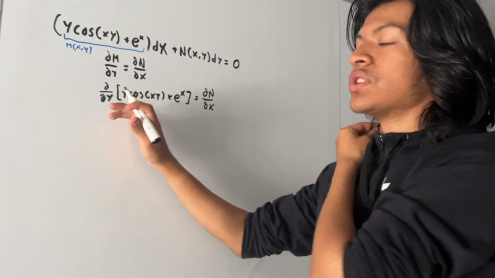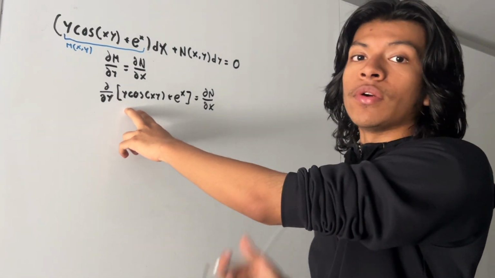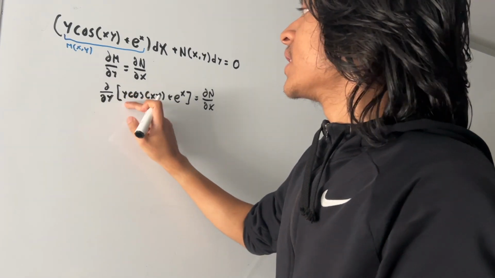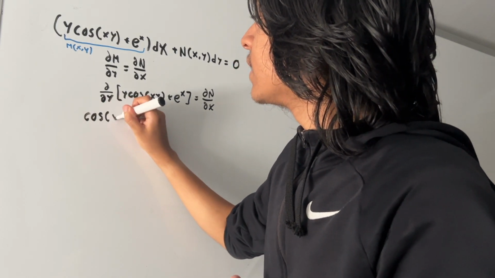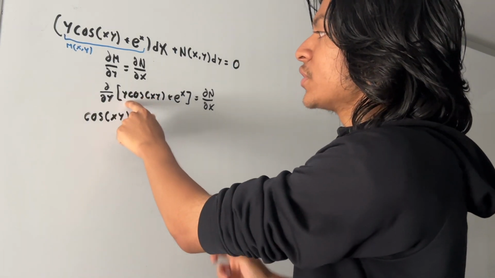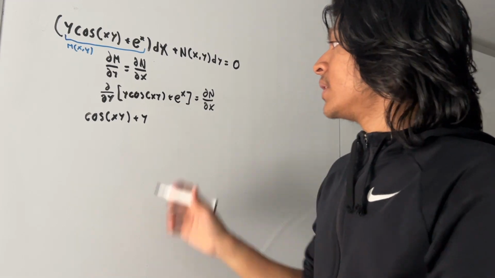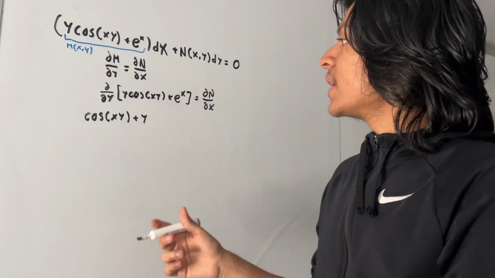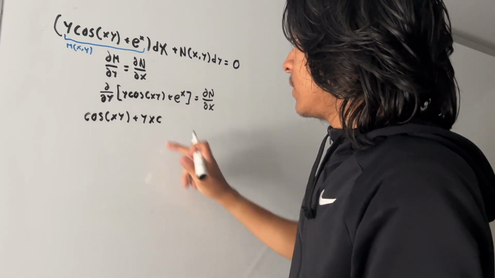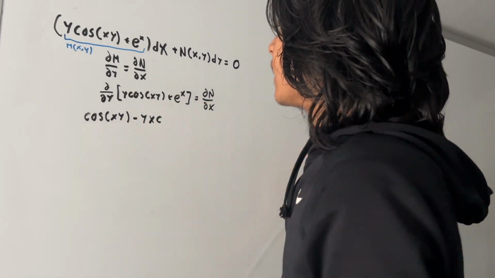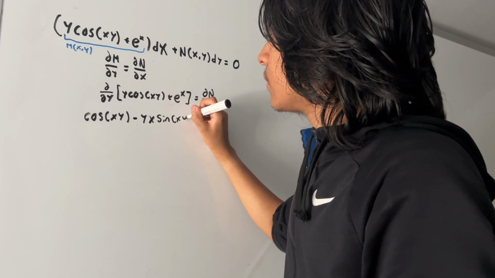On the left side, we're just going to differentiate with respect to y. When we do that, this first part, we're going to have to perform a product rule. So we take the derivative of y, which is just 1, and leave the second part alone, so we have cosine of x y. Then we leave the first part alone, so plus y, and take the derivative of the second part, cosine of x y, with respect to y, that's going to be x times negative sine of x y.